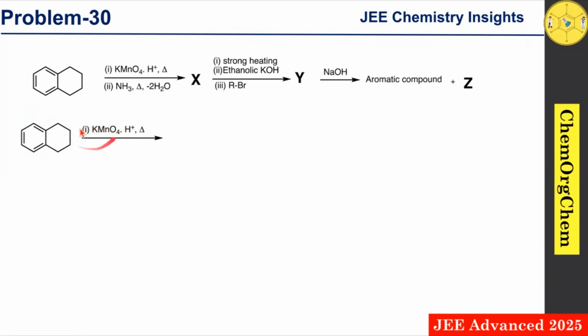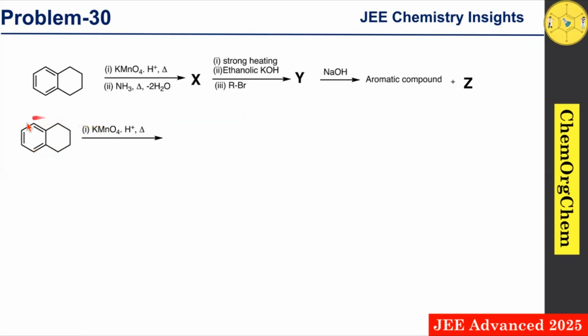I hope most of you are aware that potassium permanganate is a strong oxidizing agent. When we take an alkyl benzene with potassium permanganate, it usually produces the corresponding aromatic carboxylic acid. For example, when you take toluene and use potassium permanganate, it produces benzoic acid as the final product.